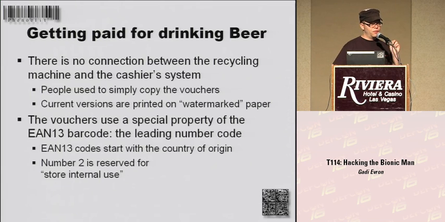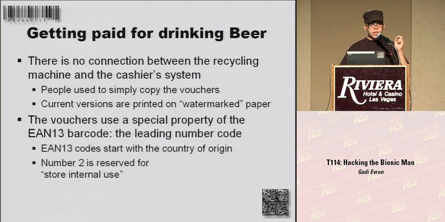The thing is, in those systems, there is no connection between the recycling machine and the cash register. That means all the information has to be on the barcode. There is no other way to transport the information. And the vouchers that come out of the machine are EAN 13, which is like our version of UPC. It's just a bit longer.